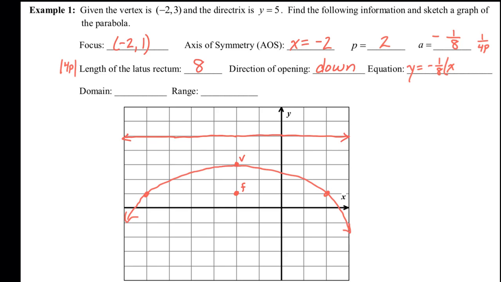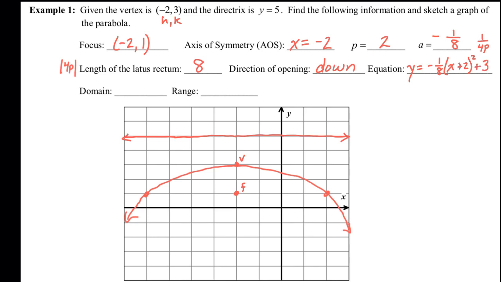So if you'll remember, the vertex is (h, k). Our equation here is x minus h. Since our h value is a negative 2, that would turn this into x plus 2 squared, and the k value goes out here.